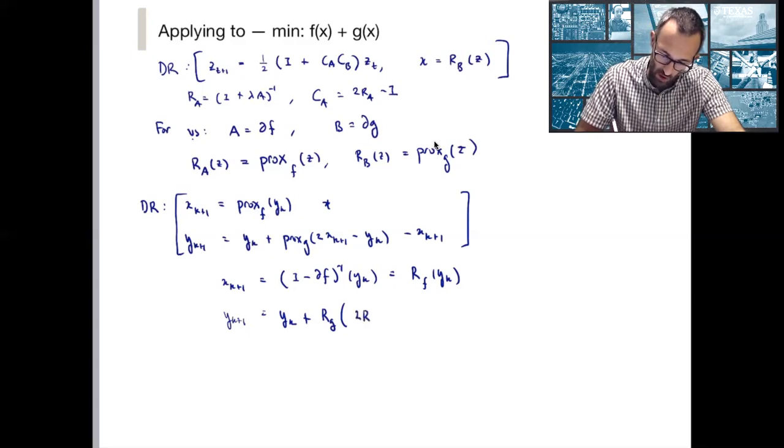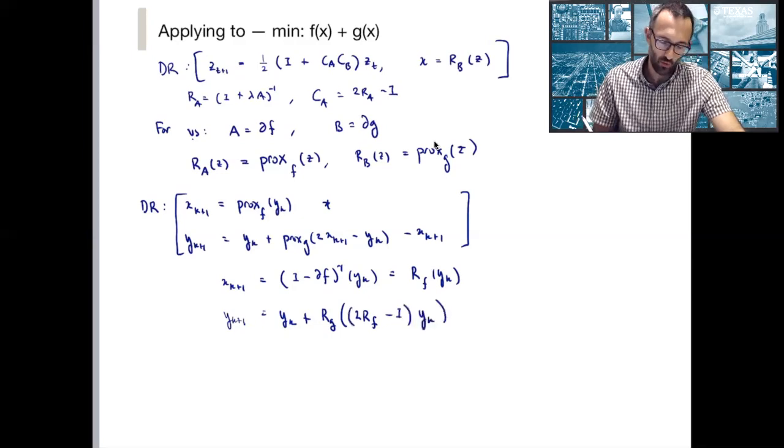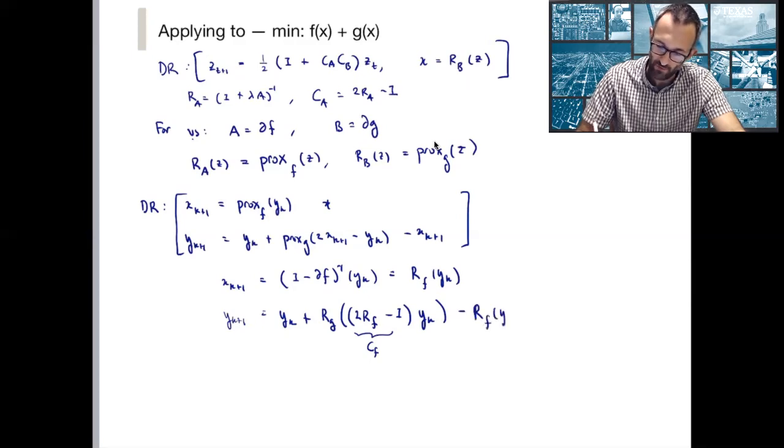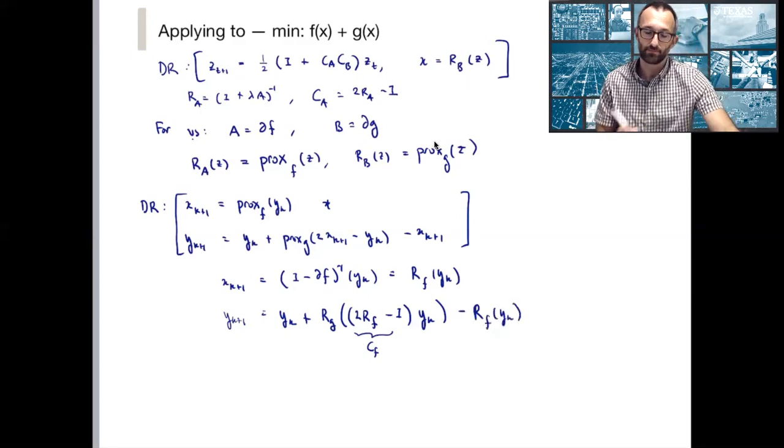And rather than writing y_k, let me factor that out and write it in this way. So we can identify immediately what's sitting here as the Cayley operator of f, minus x_{k+1}, which again is R_f of y_k.